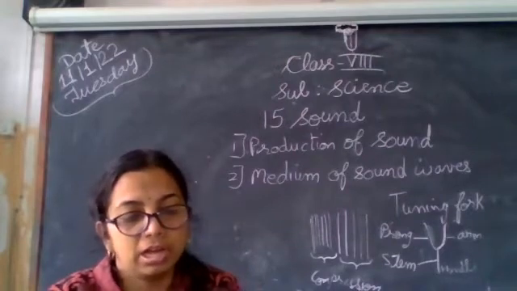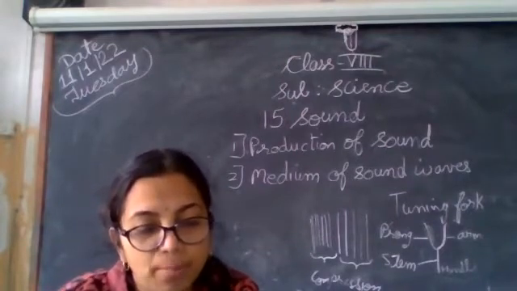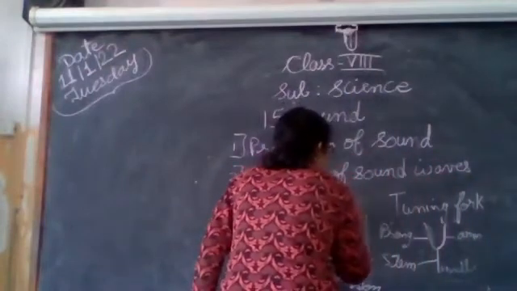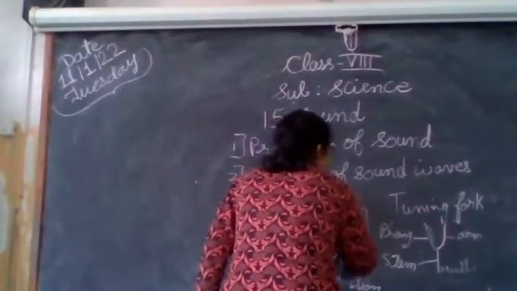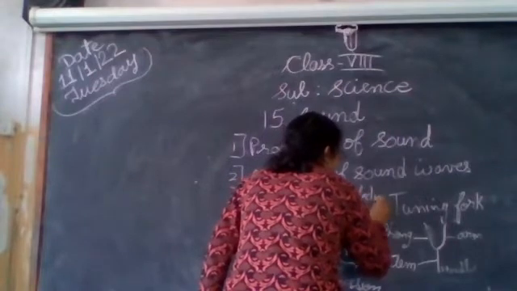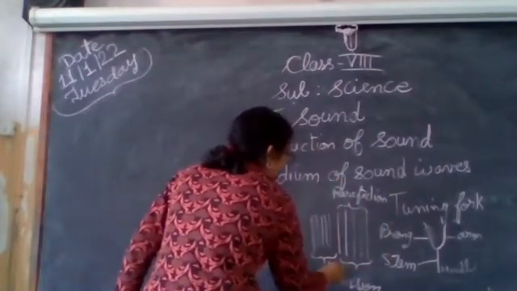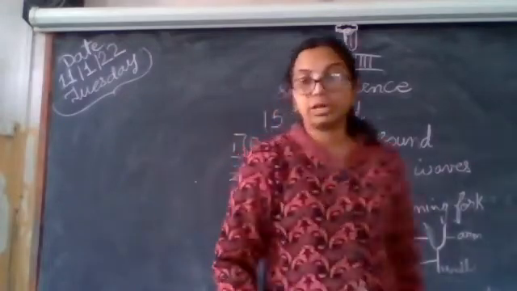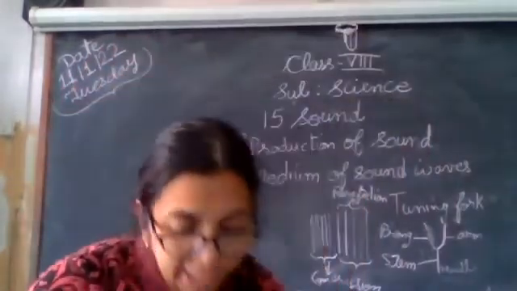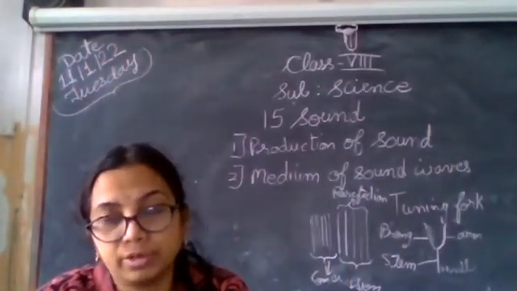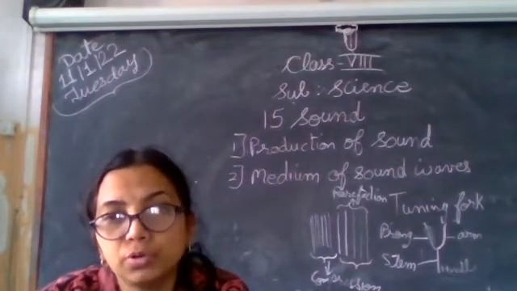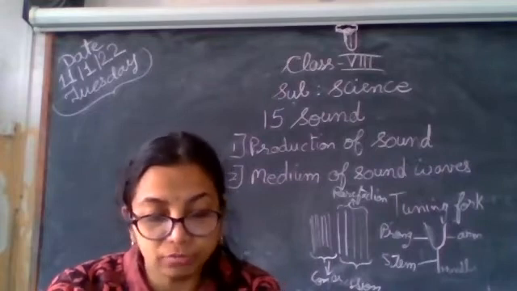Such a region in which the air is at low pressure and low density is called rarefaction. This part we will call rarefaction. Compression and rarefaction. You can see the gap between the two waves because of the different air pressure and density near the tuning fork and away from the tuning fork.